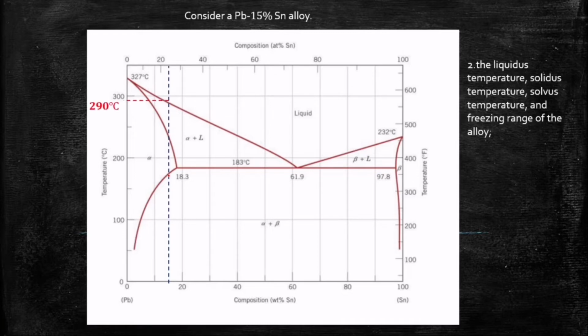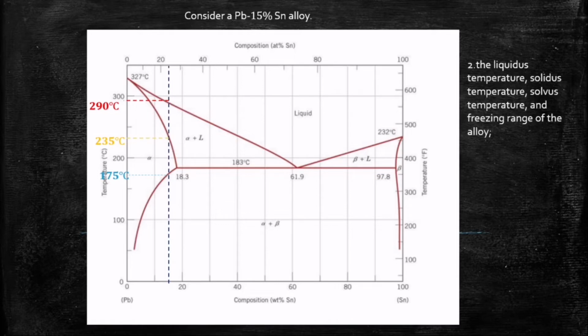So here you can know that it's 290 for the liquidus, and the solidus is 235 degrees Celsius. For the solvus line, you're going to get 175 degrees Celsius.